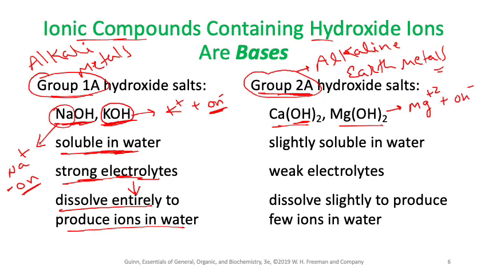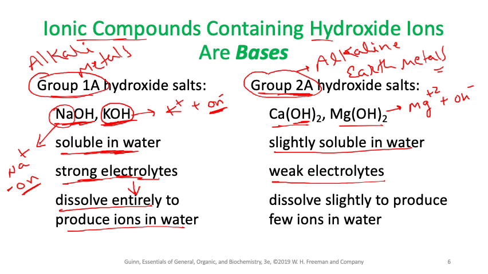But what's the difference? They are only slightly soluble in water compared to the group 1 element ionic compounds, and they are also weak electrolytes, meaning the ionic compound is not going to convert completely into ions when you dissolve it in water. That's why it's a weak electrolyte.